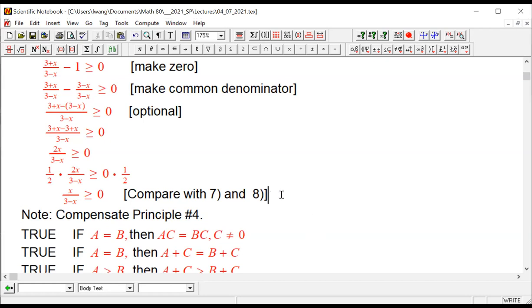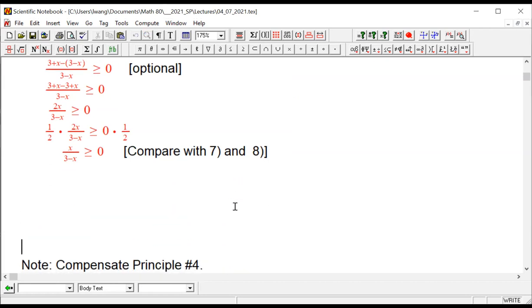We do the sign. We're going to do the sign of the numerator, the sign of x. The sign of x is easy. Where does x change sign? At 0.